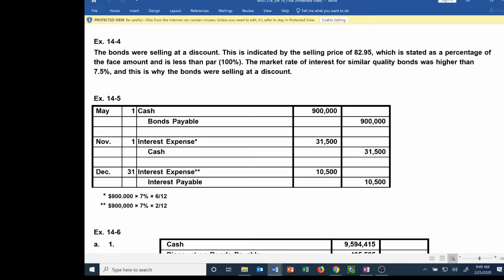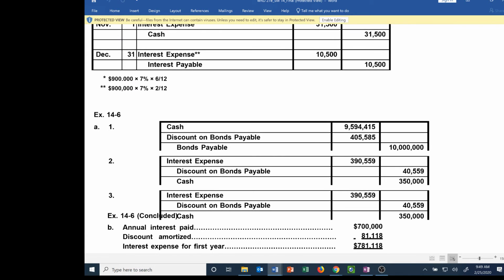Okay, now I had you start looking at number 6. If you didn't get there, that's okay. But number 6, if you sell the bonds for less than 10,000, you got a discount. Now, interest expense, discount. Now the 350, what was the interest rate?